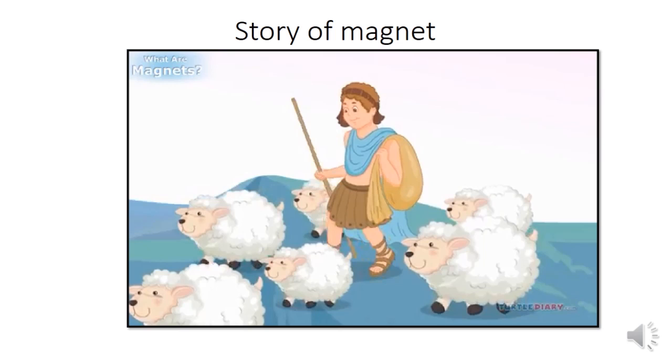But we do know that the word magnet comes from the name of a place, Magnesia, where some of these natural magnet rocks were found. So as you hear, the magnets were found in Magnesia, and that's a place where they found the natural rocks.